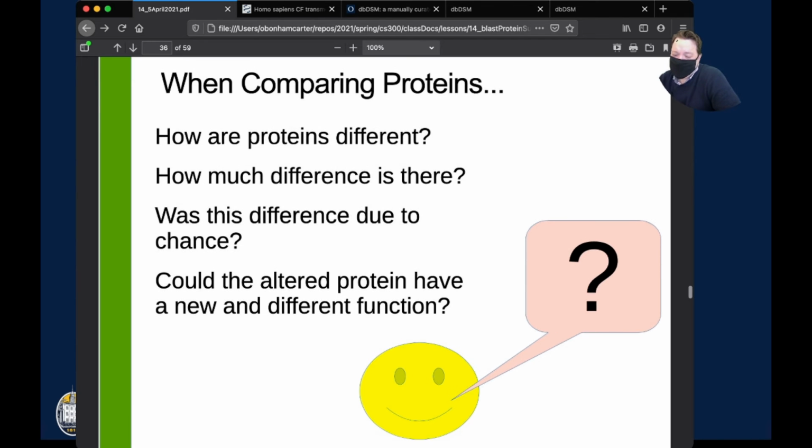So anyway, you ask yourself, was this difference that I find between my sequence and my original sequence, the sequence I'm studying and the sequence that I know it to be, due to chance? If it's not due to chance, what could it have been? Evolutionary pressure, a mutation of some kind, just damage from radiation, who knows?